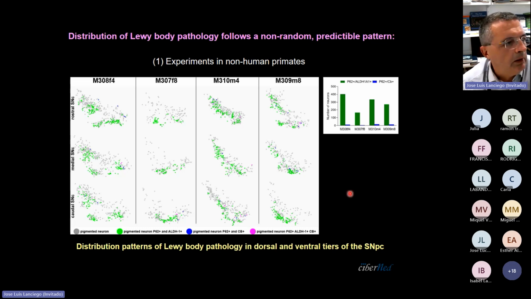So the distribution is quite evident, but indeed, if you count the number of Lewy bodies from animal to animal, in the end, more than 90% of Lewy bodies are located in neurons of the ventral tier that we know by far are the most vulnerable ones.